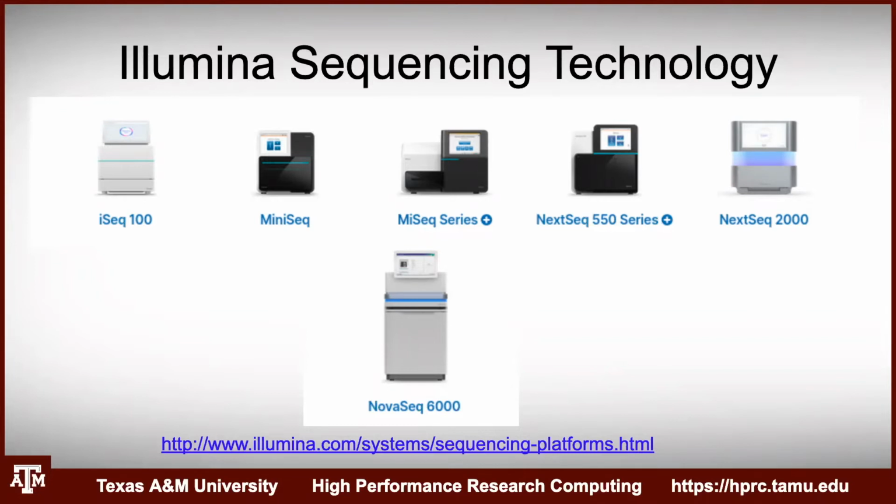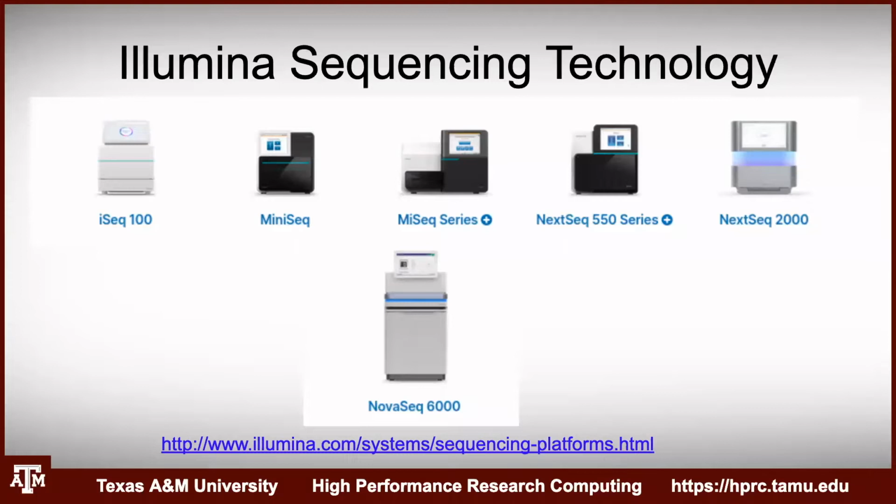The NovaSeq and the HiSeq can do up to 250 base pair read length, I believe, and that's also quite nice. The rest, I think, can handle a max of 150 base pair reads. And all of these can handle paired end, so not just single end reads.